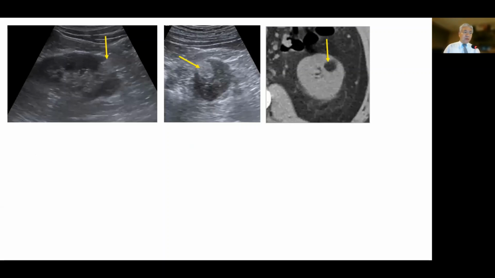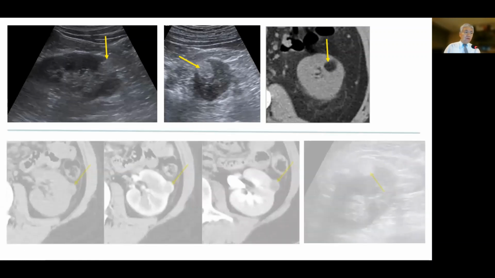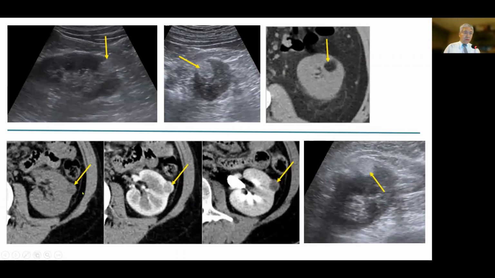Here's another angiomyolipoma that has an echogenicity similar to or slightly higher than the renal sinus echo, and typically shows gross fatty attenuation at CT. Even when the gross fatty component is not evident at CT, hyperechogenicity of the mass may suggest angiomyolipoma, like this case in the lower row.